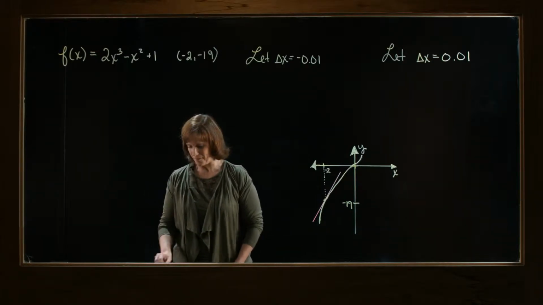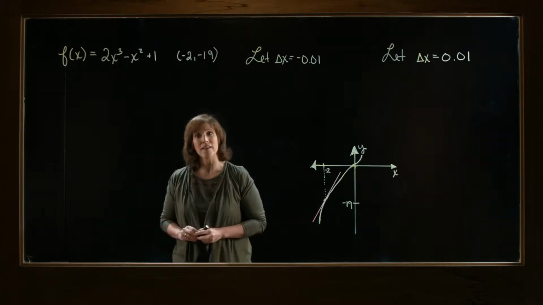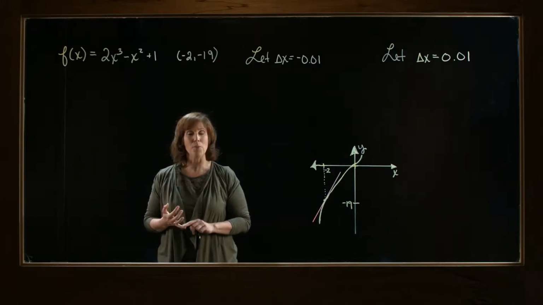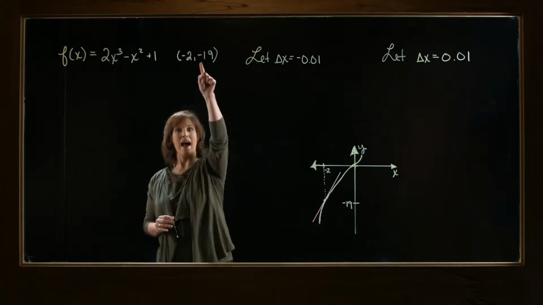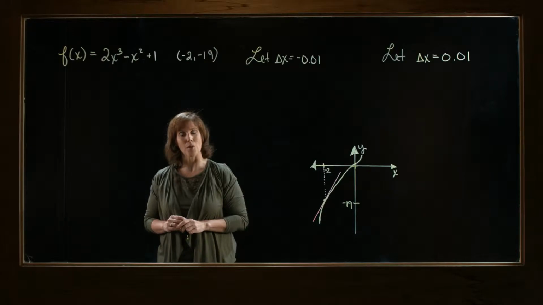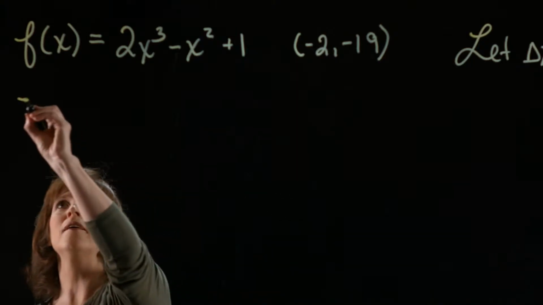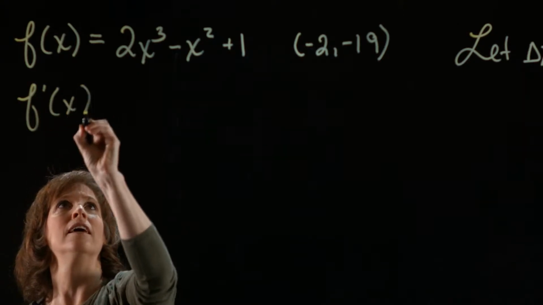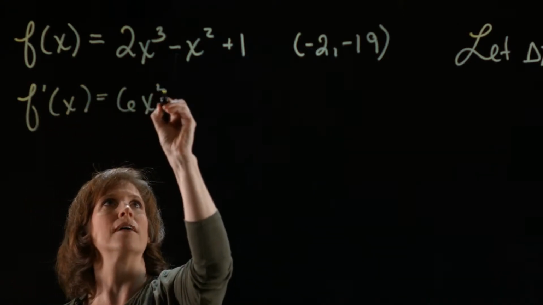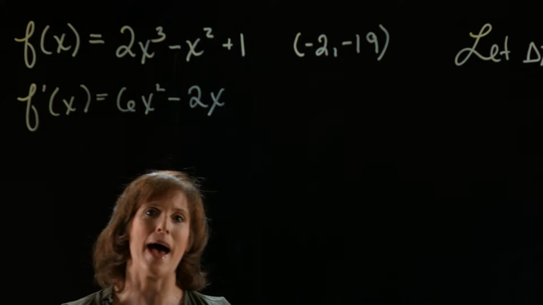So let's get started. In order to find the equation of a line, I need the slope and a point on the line. I have the point, so I need the slope. Slope of a tangent line is the derivative. So the derivative of f is going to be 6x squared minus 2x.